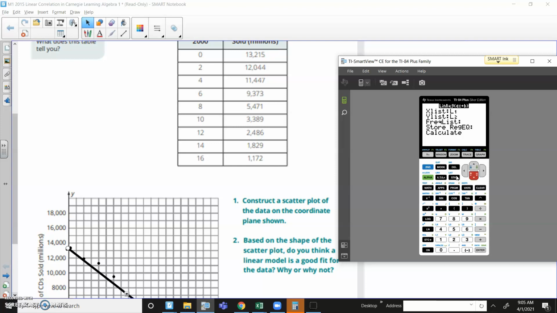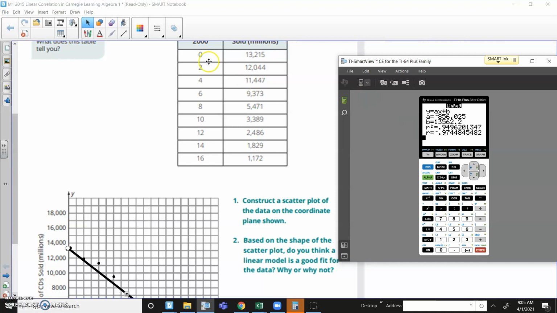It's using those lists 1 and 2 for my x and y, my input and output. You can even have it store, if you go to variables, y variables, and then under function y1, you can have it store your answer in the graphing feature, which I'll show in a minute. But here we go, we're calculating our linear correlation, and this is giving us a line of best fit.